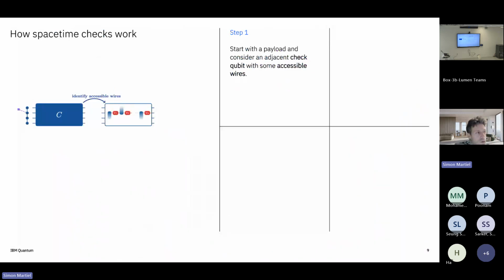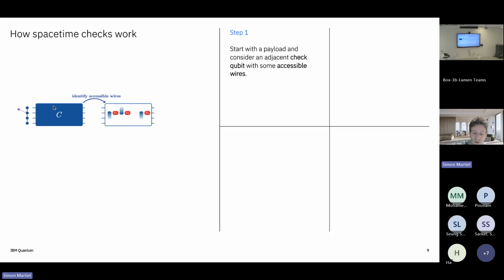So here I will just give you a rough idea of the main process that we use to pick those weird space-time checks, and then I will go into the details of the math and how it works. The idea is to start with some Clifford circuit C that's already laid out on the hardware.